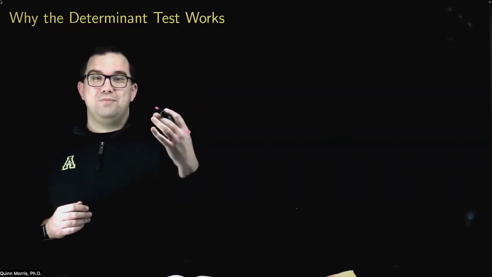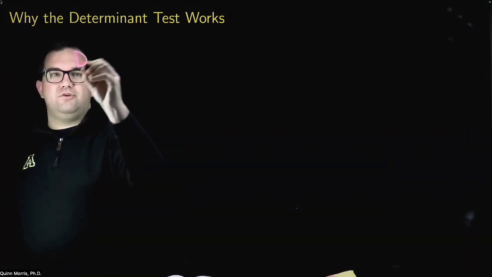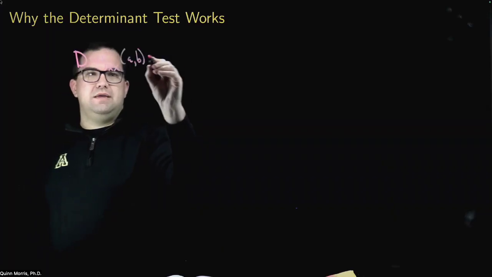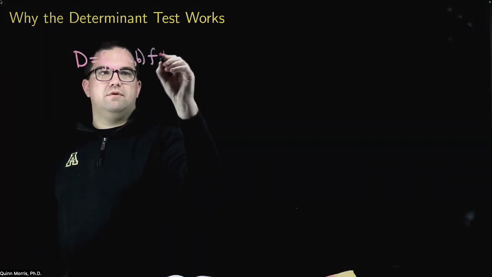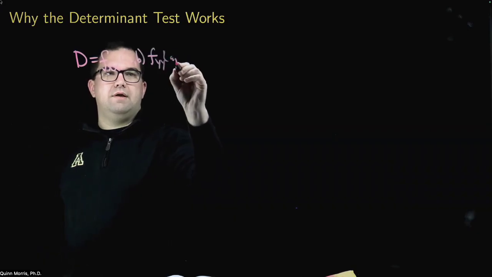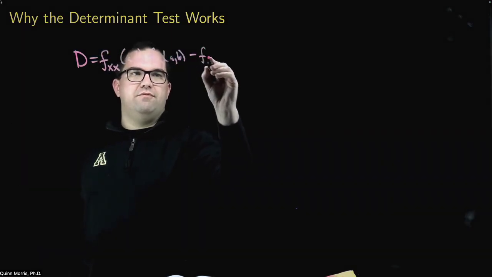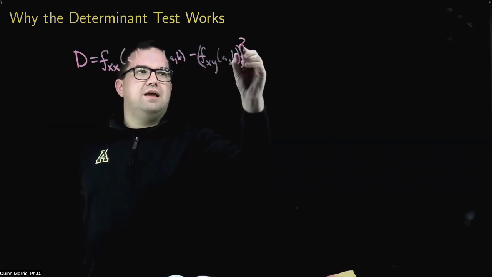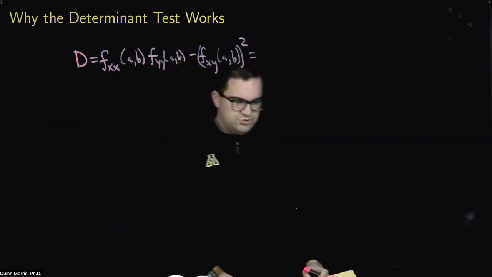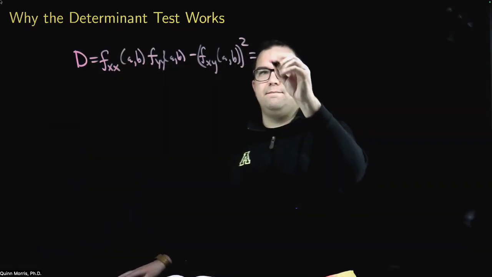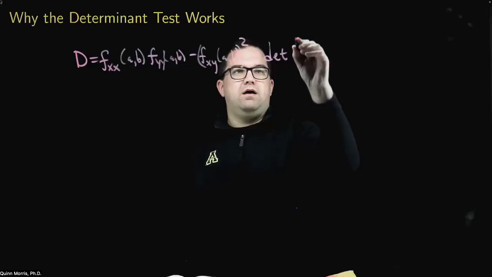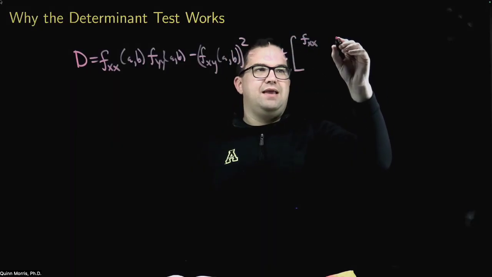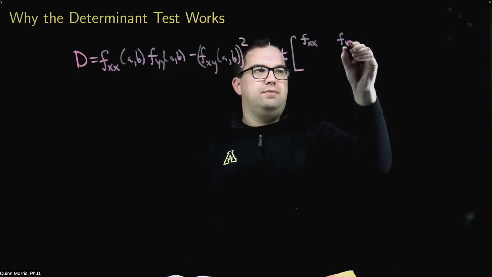The word determinant test comes because if I look at that value D, so that was f_xx at (a, b) times f_yy at (a, b) minus f_xy at (a, b) squared, this is actually the determinant of the Hessian matrix, which for a 2 by 2, and I'm going to drop the (a, b), but all of these are evaluated at (a, b).